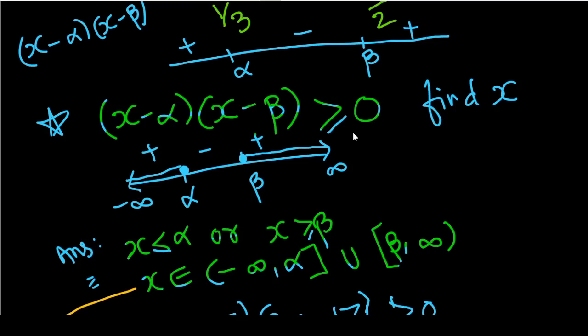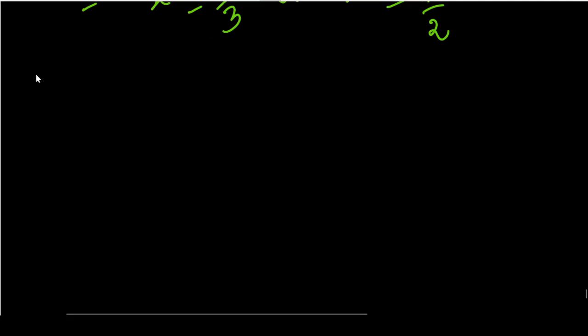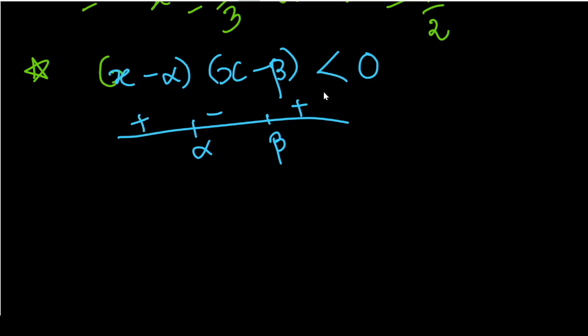So let's see that, guys. So next is x minus alpha, x minus beta less than 0. So again, using this alpha, beta, plus, minus, plus, less than means negative, so our answer would be this, alpha to beta.